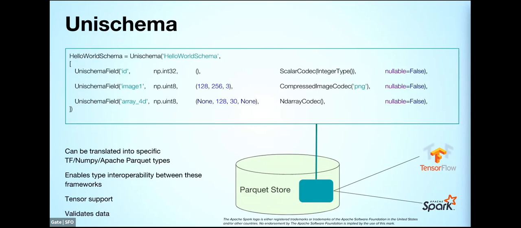And here, as I mentioned before, you can also specify how you compress the data, or you can even provide your own custom codec if you have some special serialization mechanism, or if you know how to better exploit the statistical properties of your data so you can compress it better. And of course, in the schema you also specify the dimensions where you have variable ones. You can specify variable dimensions, like in the last example over there, and you specify the type.